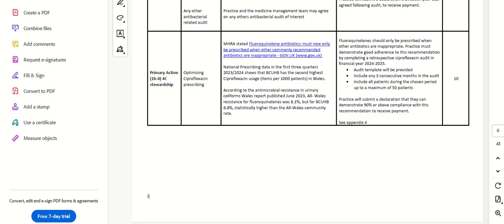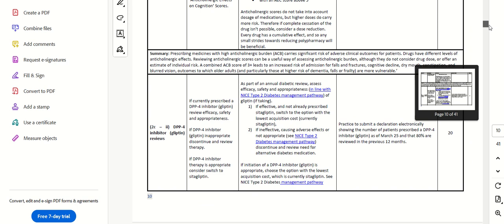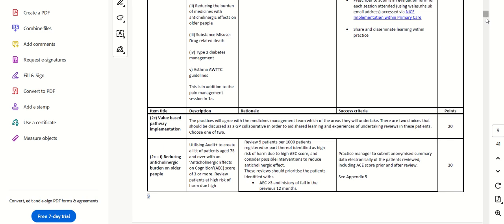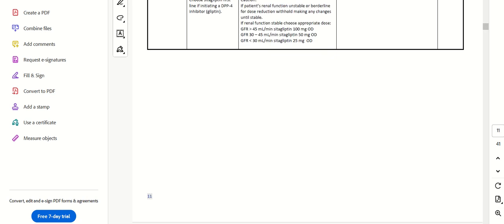We then have to choose one of 2 audits. There's a bit of a talk about the educational things we'll have to go to, and we'll also have to look at 2 audits, one either at anticholinergic burden and the other either looking at gliptin use.